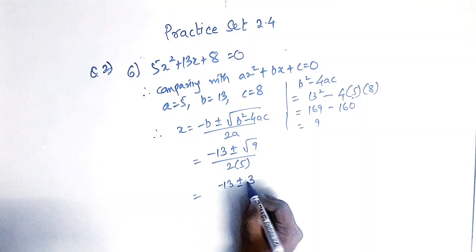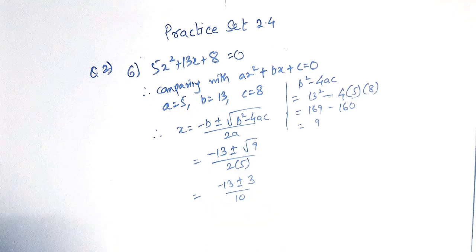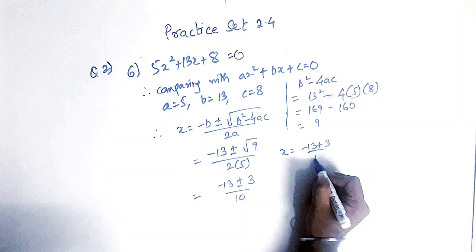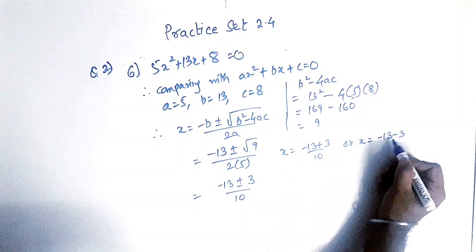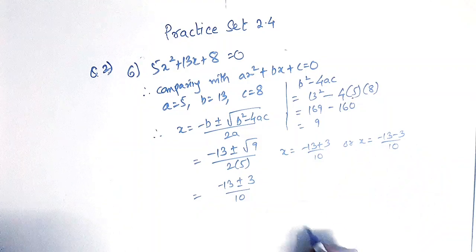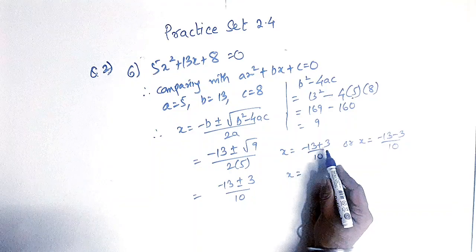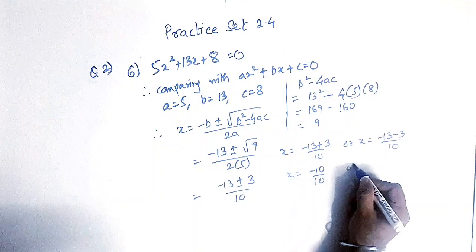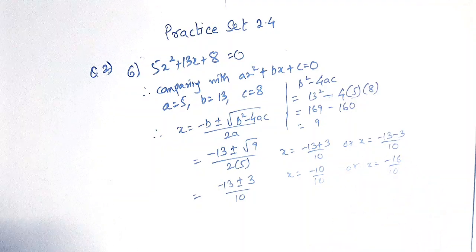Root 9 will become 3, 2 5s will become 10. Okay, so x is equal to minus 13 plus 3 upon 10, or x is equal to minus 13 minus 3 upon 10. Okay, so it will be minus 13 plus 3 will become minus 10 upon 10, and this will become minus 16 upon 10.